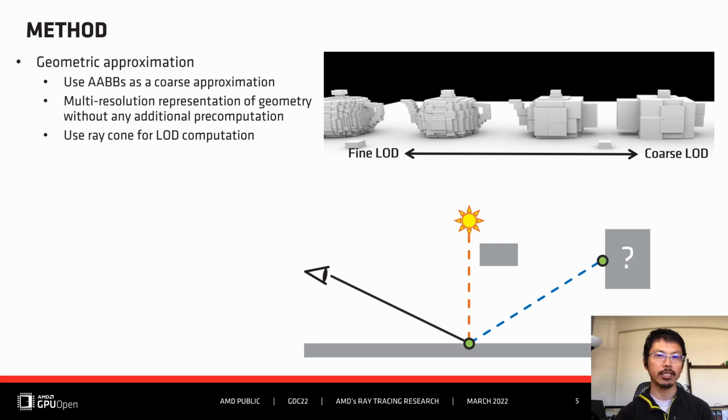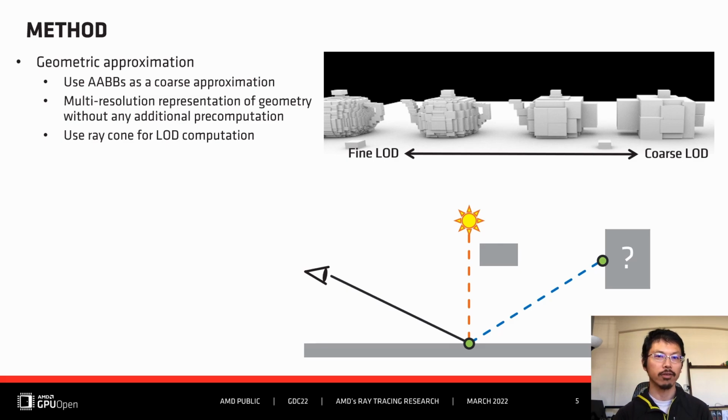However, it is not clear how we can apply this for other ray types we trace in a path tracer, where we trace quite a lot of non-occlusion rays. Here's an example. We have a camera or eye looking at the scene, and from the camera we cast a primary ray, and then from the shading point, we try to connect to a light source.